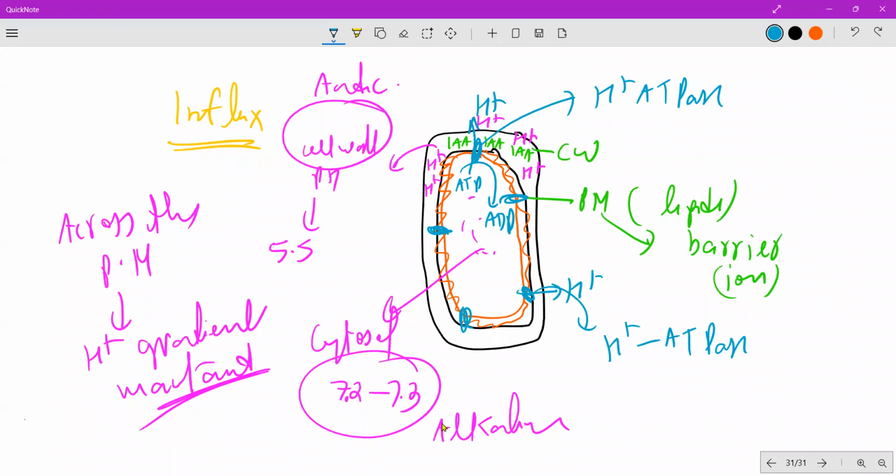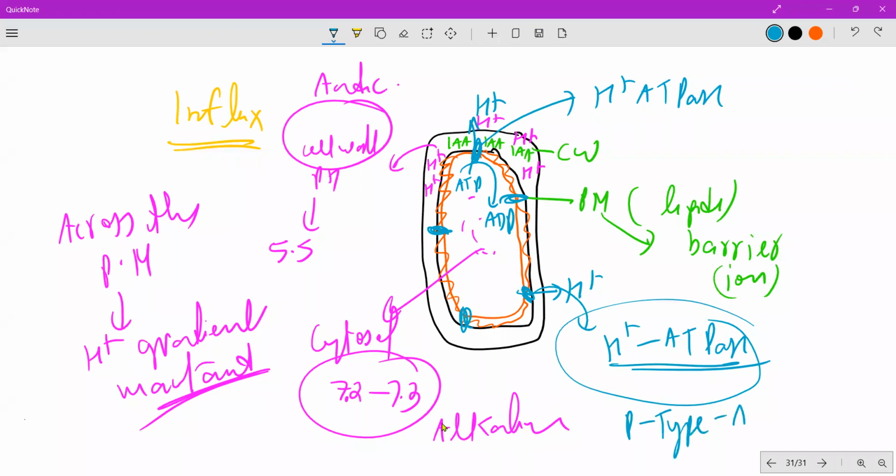So plant plasma membranes have H positive ATPases. And these are the ones which are responsible for maintaining this proton gradient. याद रखो, they are the ones responsible for maintaining the proton gradient. और ये जो H positive ATPases हैं, मैं आपको ये भी बता दूं कि they belong to a class of proteins. We call them P-type ATPases.